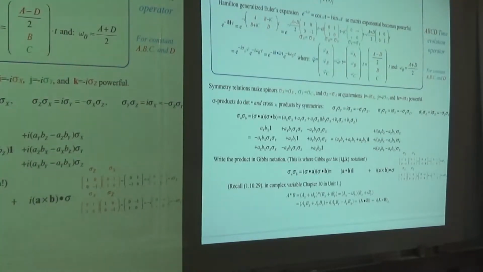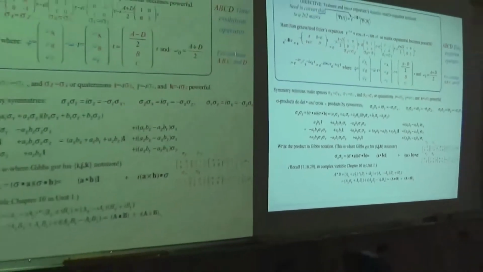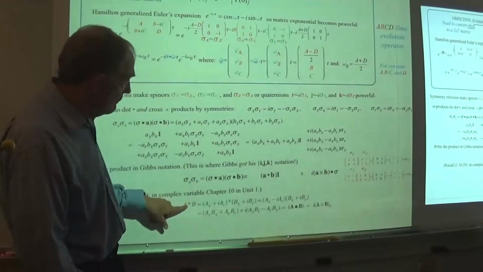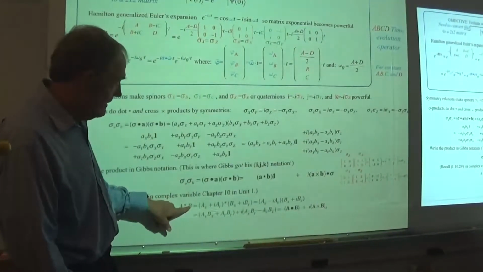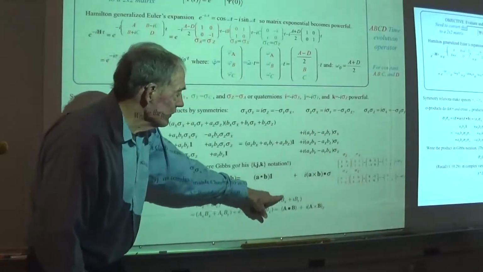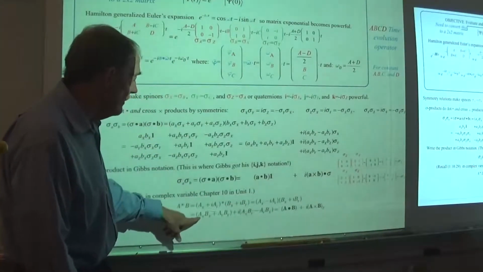Now we've already gone the other way, right? Remember when I asked you to do the A star B product, or think about it, right? That means a conjugate of A times B. That's this thing with a minus sign there, and then the B just by itself, okay?